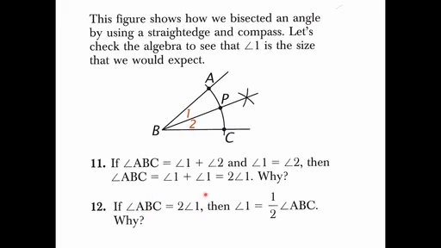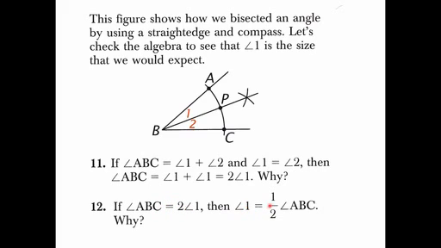Continuing. Now we're going to take angle ABC is 2 angle 1. That's going to be our new hypothesis here. Then angle 1 is equal to half angle ABC. Again, for your reason, look at the hypothesis, look at the conclusion, look at the left side. Angle ABC is this.